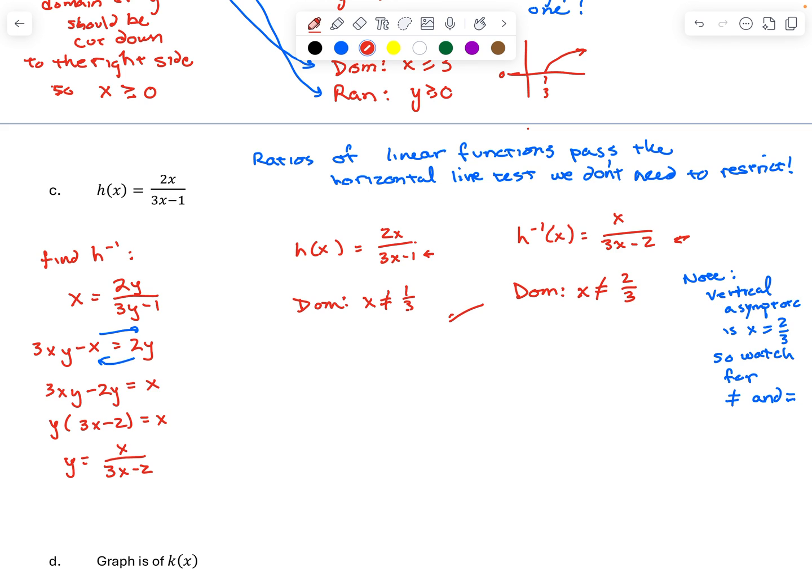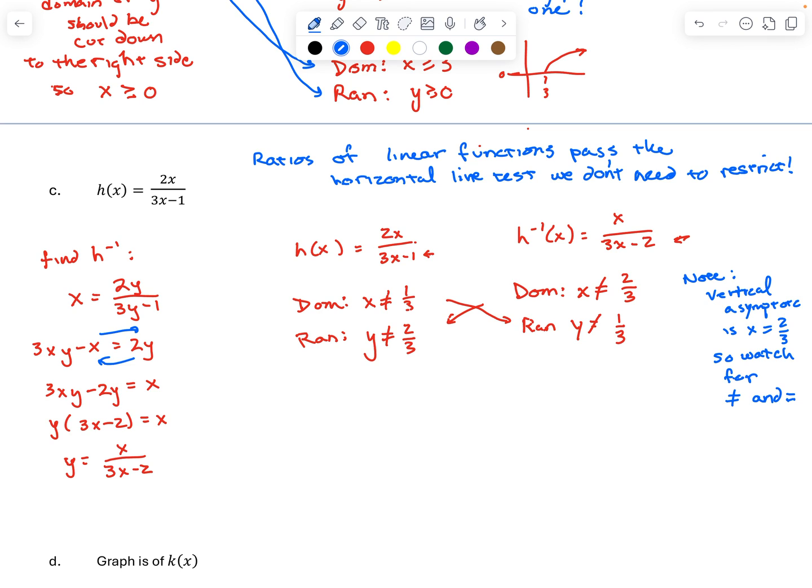So the easy way to do range is to just switch. The range of the original is, you use letter Y, and switch.